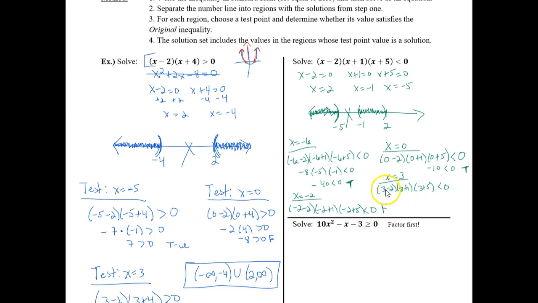I'd end up with +1 times 4, which is 4, and 4 times 8 is 32. Is 32 less than 0? That is false. So that's not part of our solution set either. In general, it will go true, false, true, false. So most of the time, that's the pattern you're going to get.